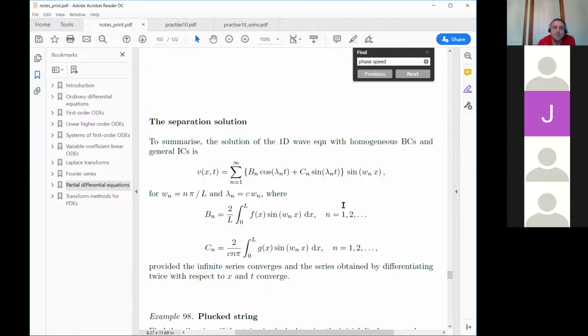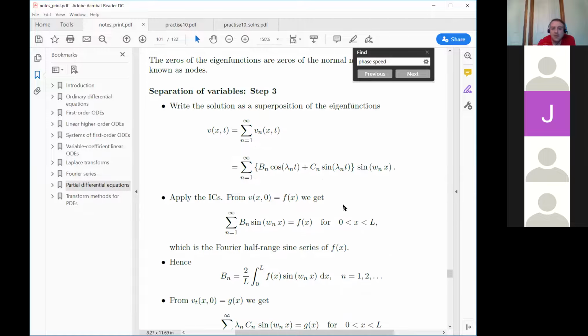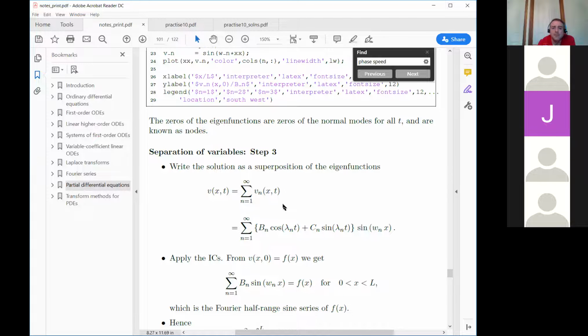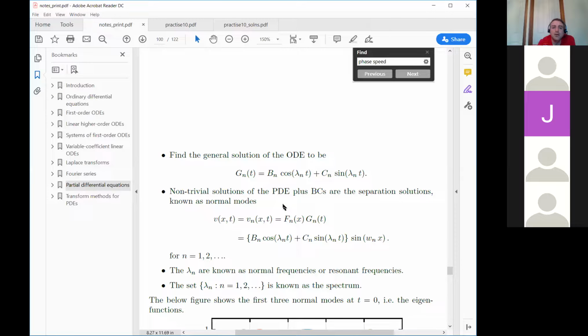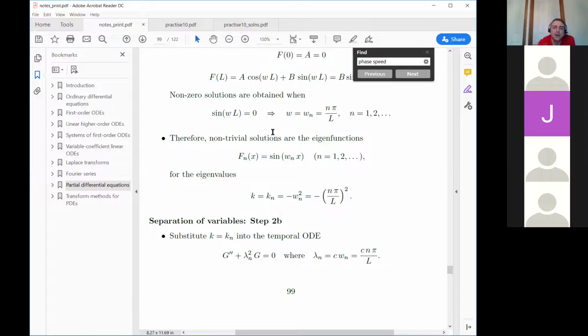Okay. So that's here. Yeah, and it's written because your v subscript t at x, 0 equals g of x. So it's something to do with the velocity at time 0. Right. Oh, okay.